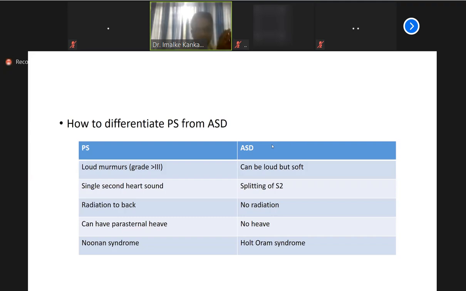If it is ejection systolic, there could be two possibilities, PS or ASD. I have given you how to differentiate that. To listen for the radiation, you have to examine the back just below the scapula. If you hear the murmur on that side also, that is PS, right?